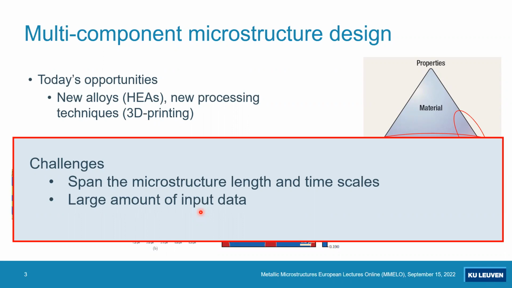And another large challenge is that the more components you take into account, the more input data you will need. So the phase field method is a phenomenological approach. And we know that many of the phase properties and interface properties, they all depend on the composition. So the more composition variables you have, the more complex the dependence is.